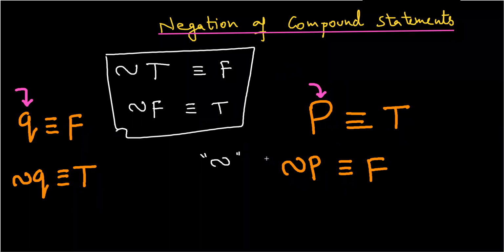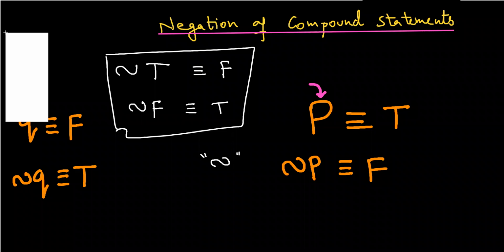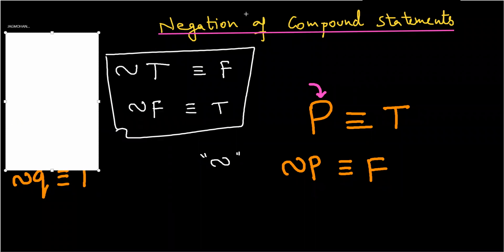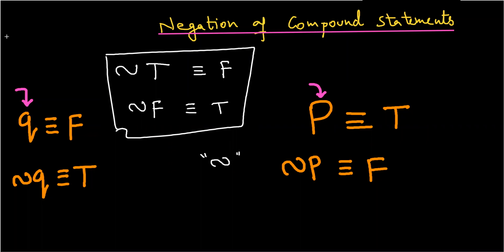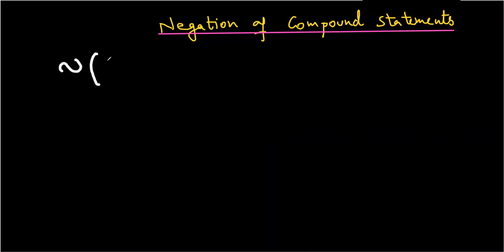What I mean is, if I have to write negation of P and Q, what will be negation of P and Q?